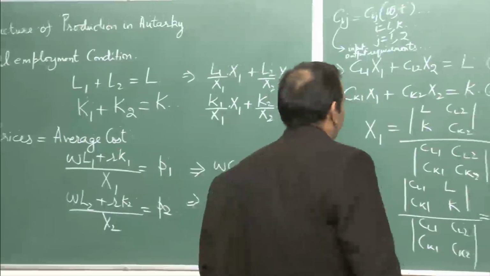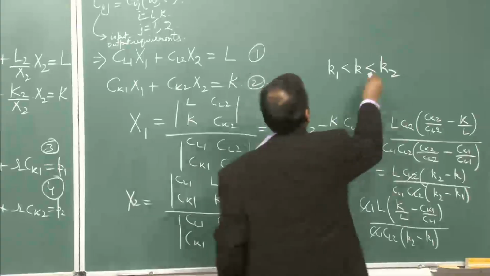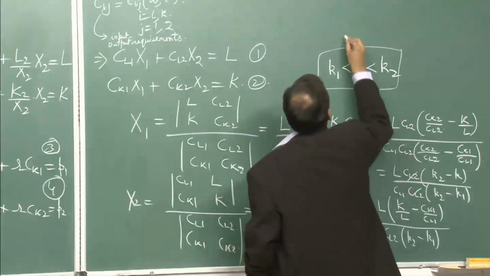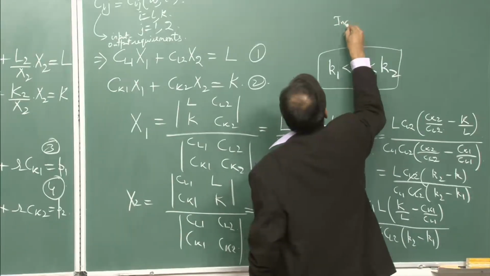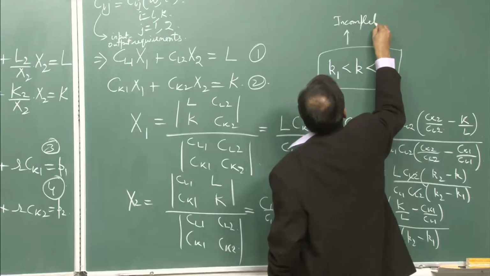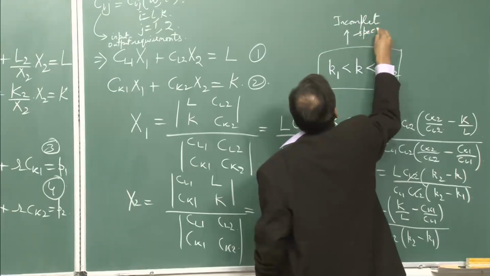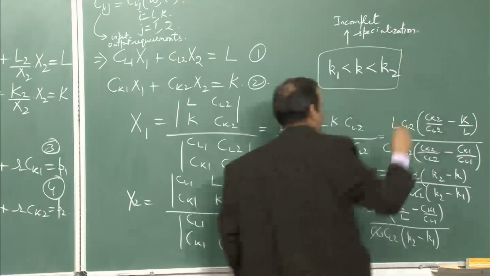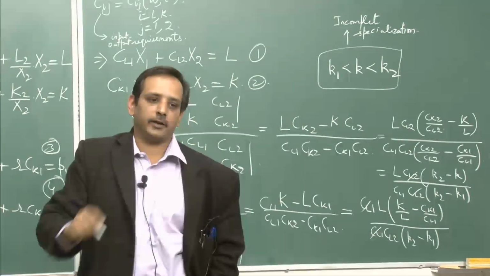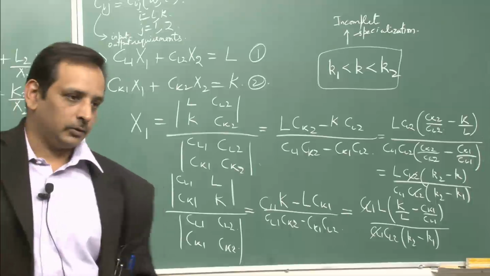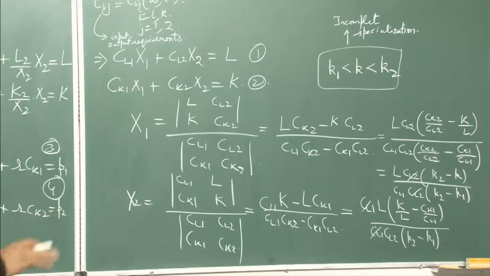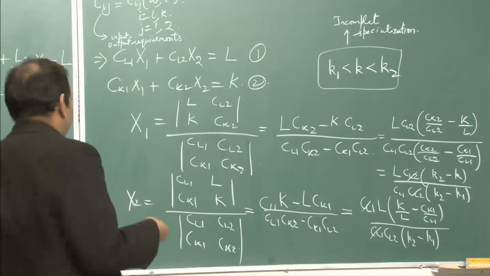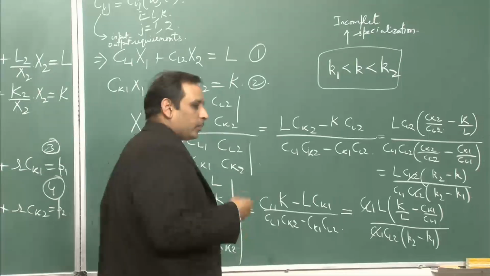So, if the assumption is this, then it leads to incomplete specialization, wherein there is a production of both goods x1 and x2. So, that is an important assumption, that we are not assuming that x1 is 0 or x2 is 0 or both are 0.